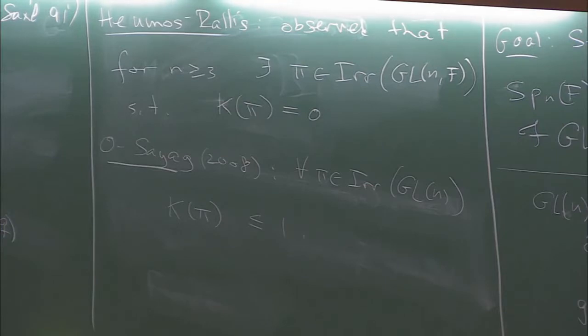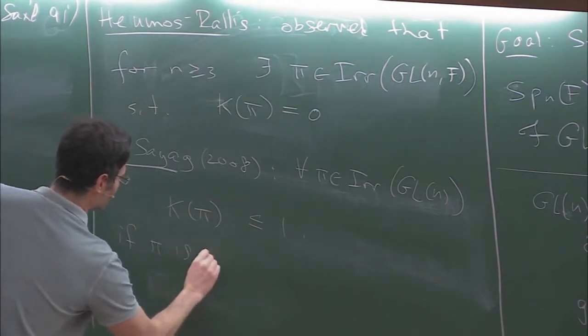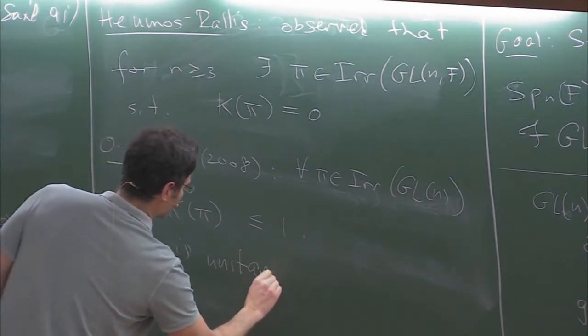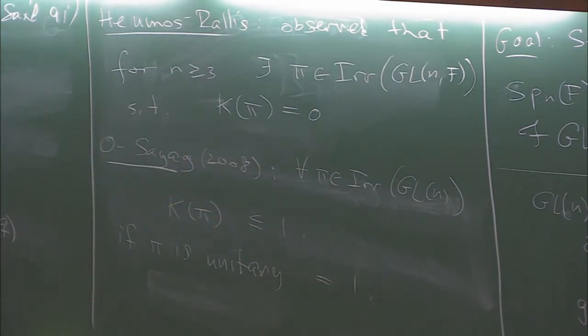So any representation can be embedded to at most one Klyachko model, and it can be embedded uniquely. And furthermore, if pi is unitary, then you actually get a Klyachko model, and we prescribe exactly which one in terms of the Tadic classification.